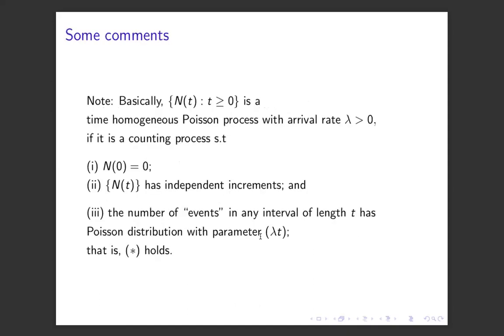So please note it down. The importance of the Poisson distribution is due basically to the Poisson process. And that we have derived. And the derivation is pretty simple.